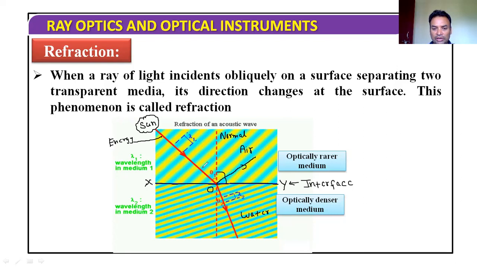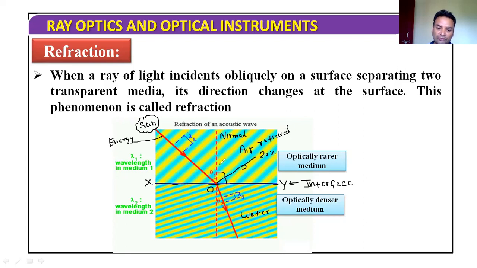Some portion of the energy, around 20% of the energy, is reflected back in the same medium.